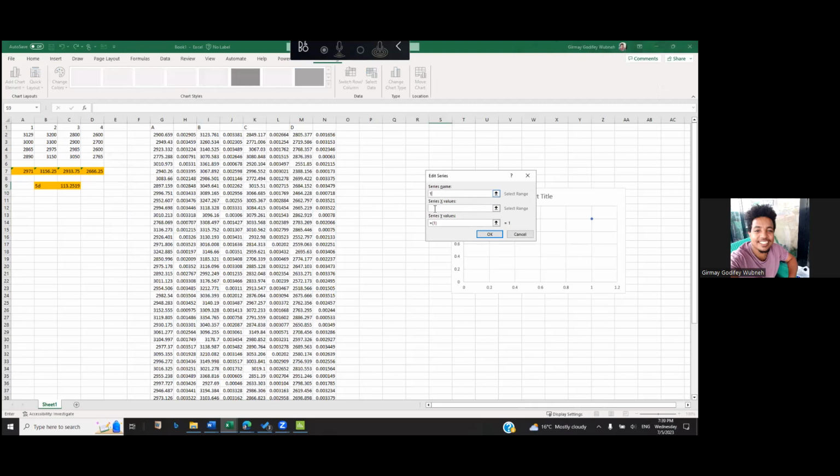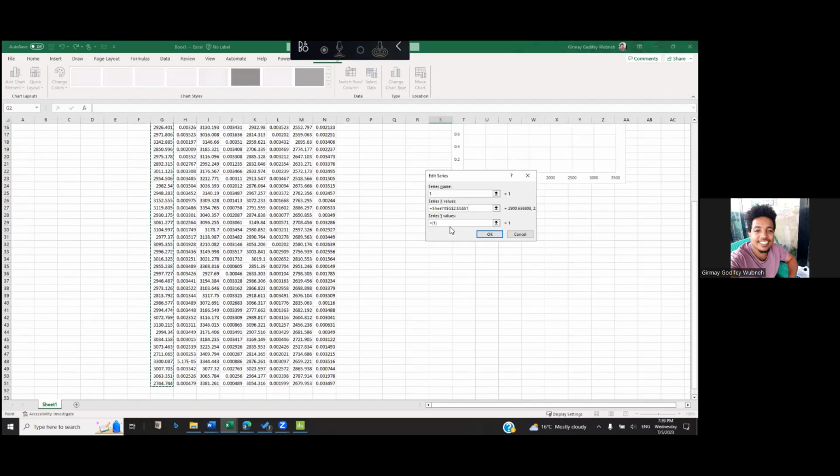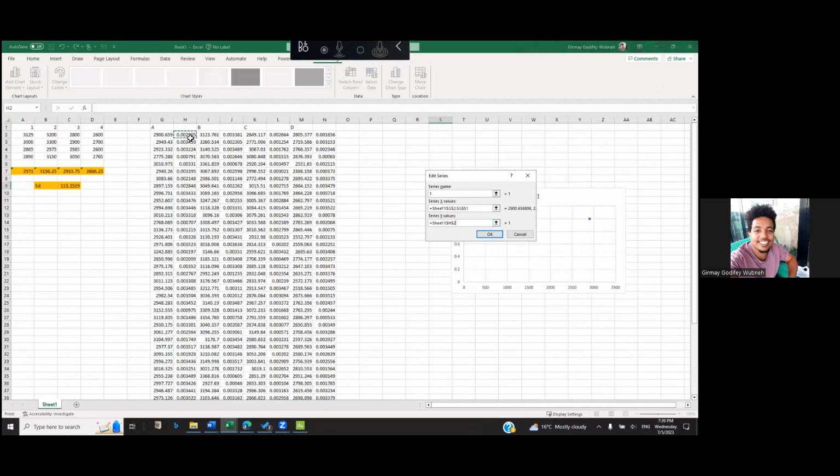Let's say mixing design 1: x value is this value, and the y-axis is the probability function, this one.